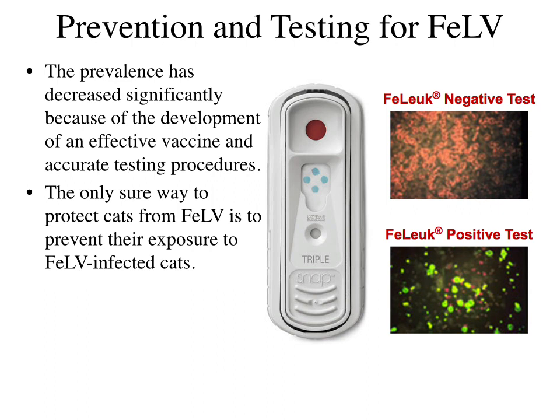A relatively effective vaccine against FeLV is available, although it will not protect 100% of cats vaccinated, and it is not considered a core vaccine. Owners contemplating FeLV vaccination for their uninfected cats should consider the cat's risk of exposure to FeLV-infected cats and discuss the advantages and disadvantages of vaccination with their vet.